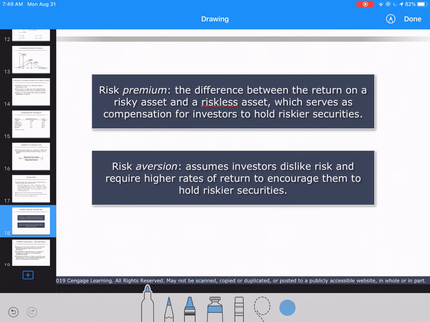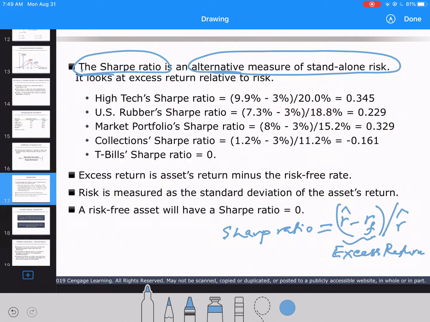So now this part, that is excess return, is also called risk premium.